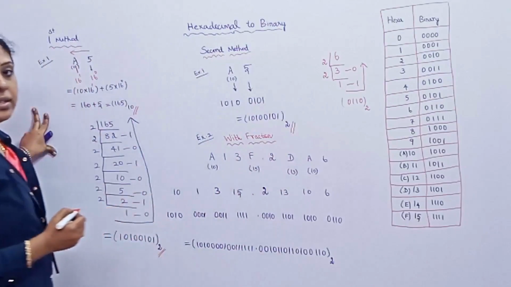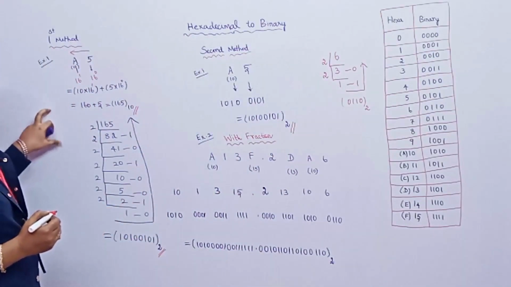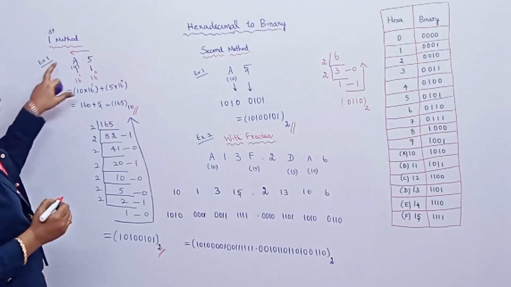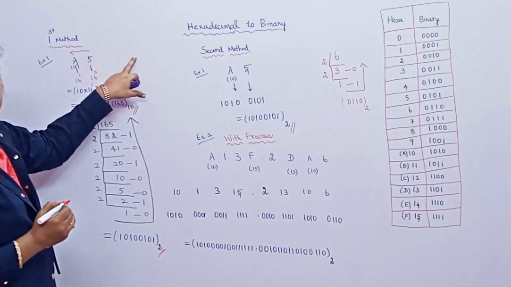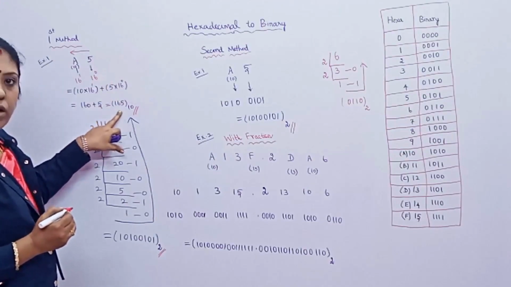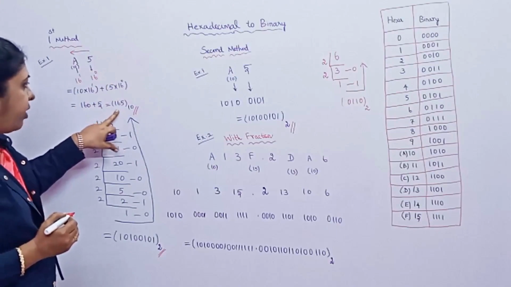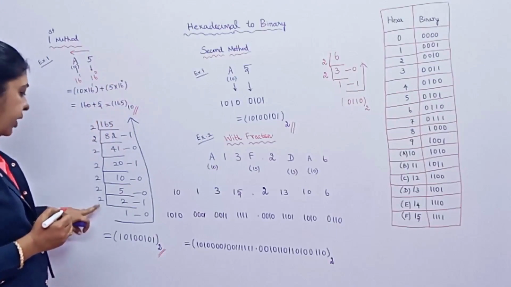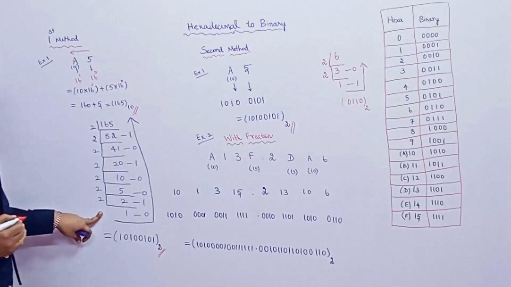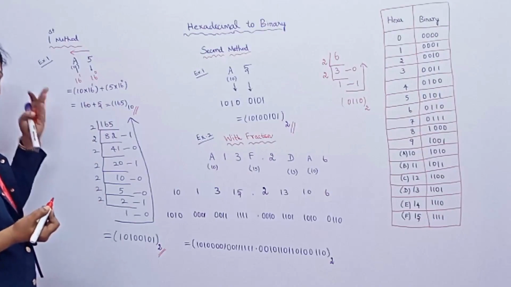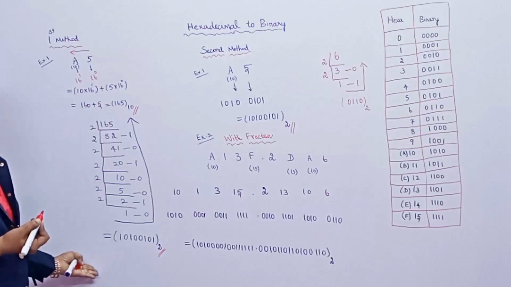When considering the first method, when we have a very large hexadecimal value, say for example, it consists of more than 5 or 6 digits, typically the decimal value will also be large. When we have a large decimal number, converting to binary, we have to go on dividing for so many iterations and it will be very lengthy.